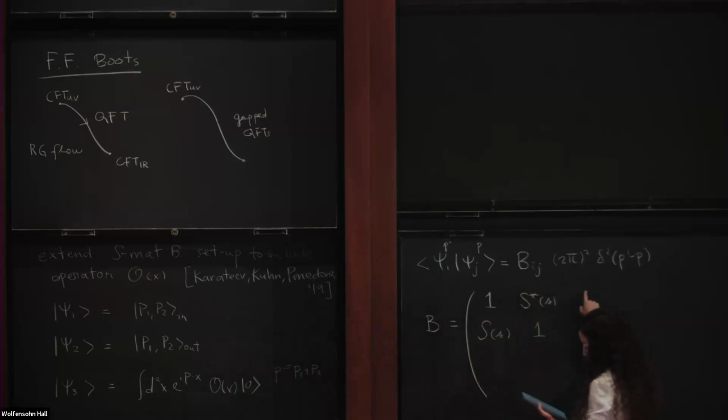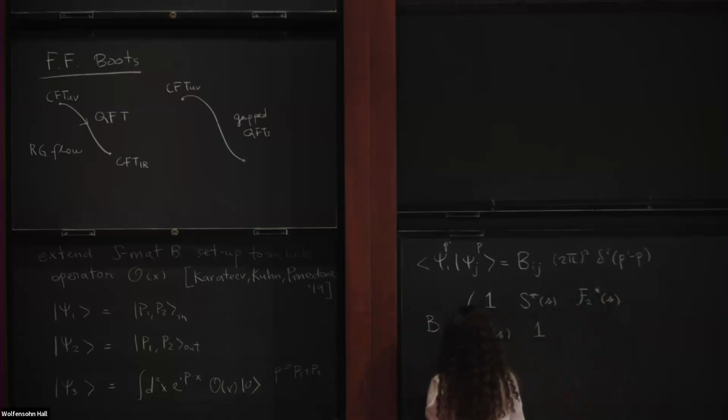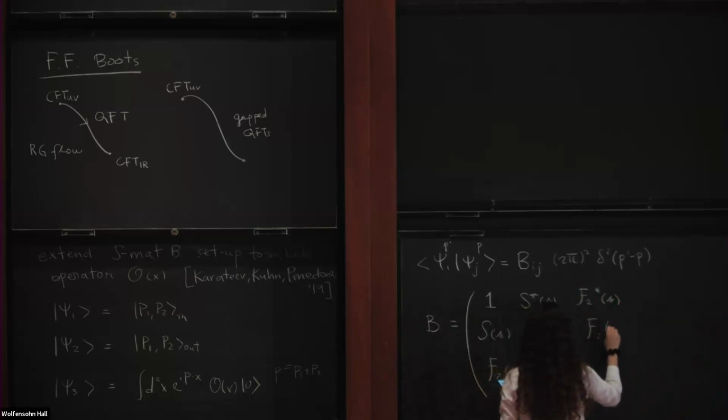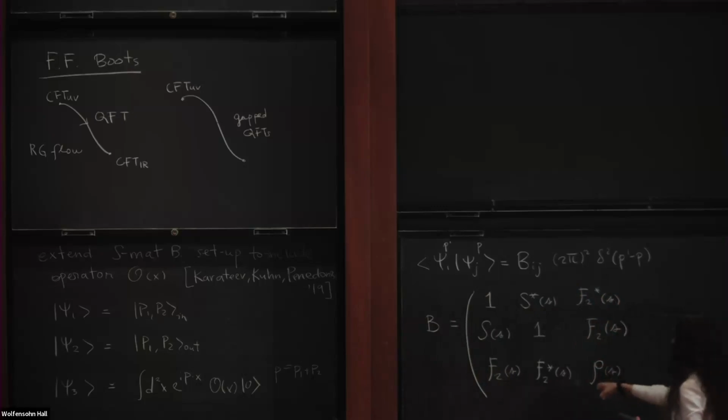And then on this 3, 1 entry, you will get what is called a form factor. You see you get the complex conjugate because you're looking at the reverse order for the inner product. Also here. And here. And in the 3, 3, you will get something called spectral density.